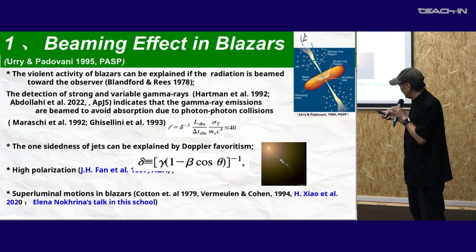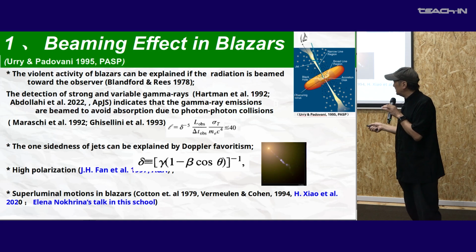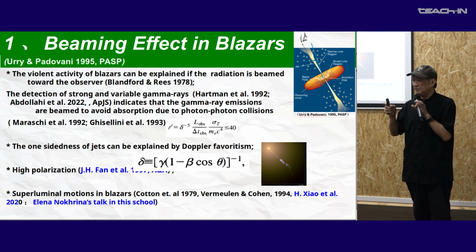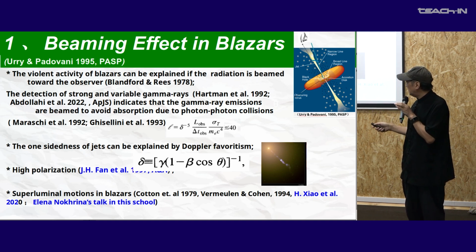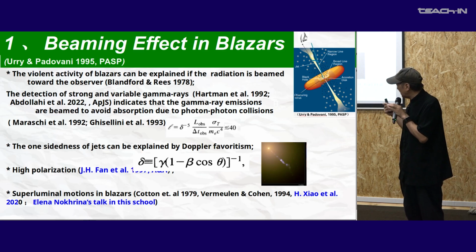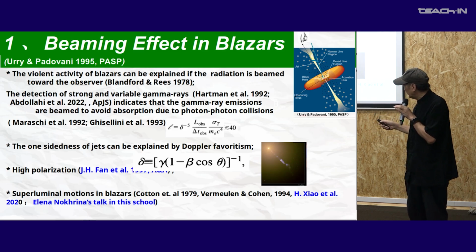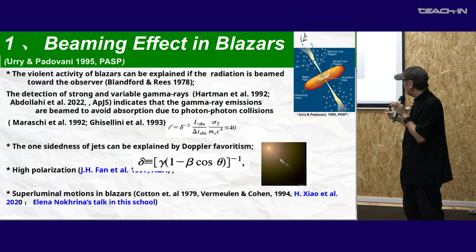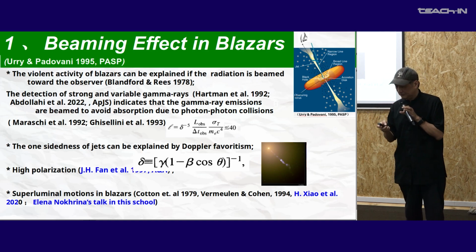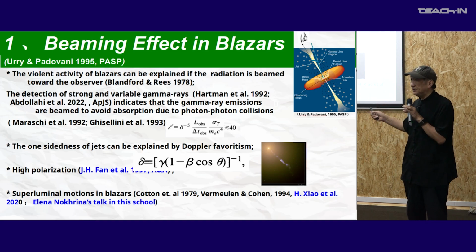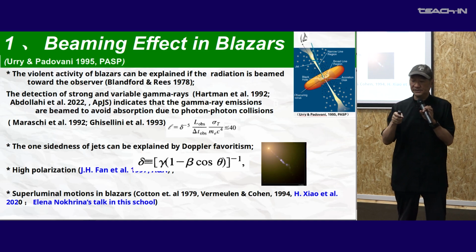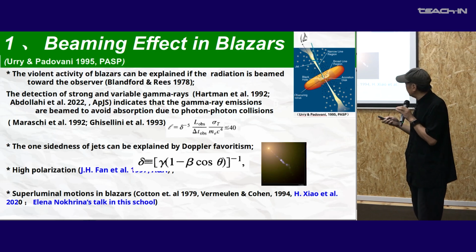We also found that the high polarization is also associated with the beaming effect. From the observational viewpoint, we found some sources have superluminal motion, just as Elena said a few days ago. So all of this suggests that the beam effect is in the Blazars.